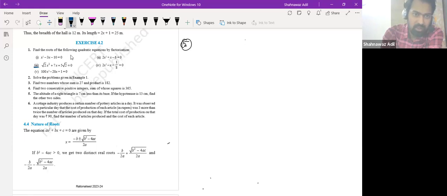Find the roots of the following quadratic equation by factorization. Okay, so 5 root 2, which means that we have 10 to factorize, right? Right, Shaima? Yes, sir. And the factors of 10, so 5 and 2, right?